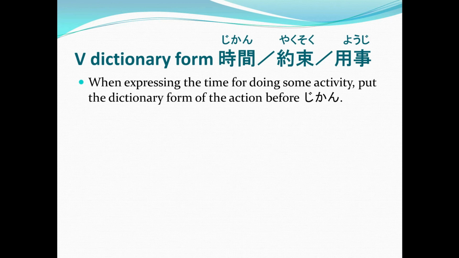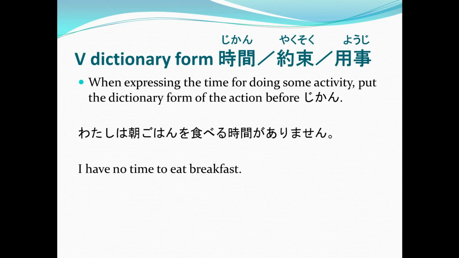Example, 私は朝ごはんを食べる時間がありません. Or, I have no time to eat breakfast. So, verb dictionary form jikan, 食べる時間 or time to eat breakfast. In this sentence, the speaker is saying that he doesn't have time to eat breakfast.